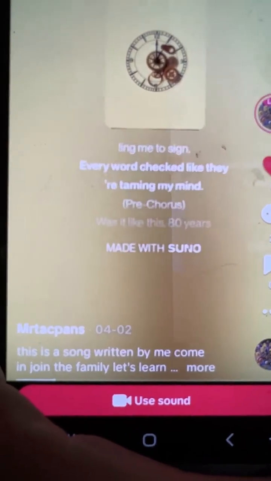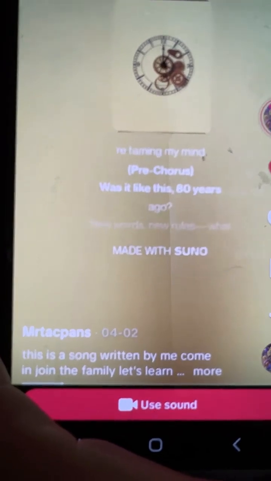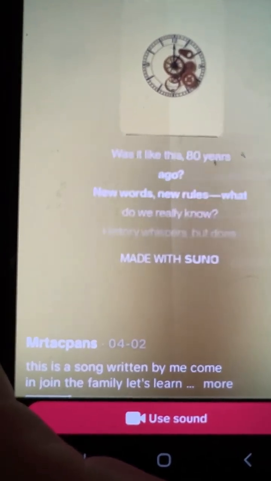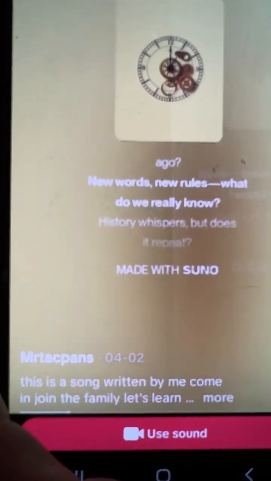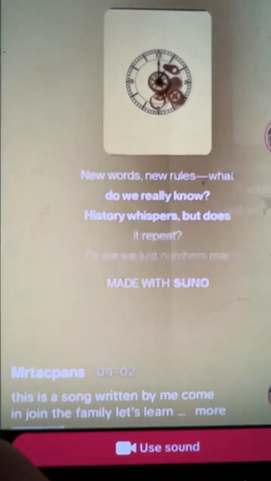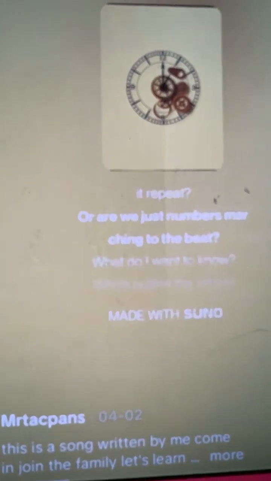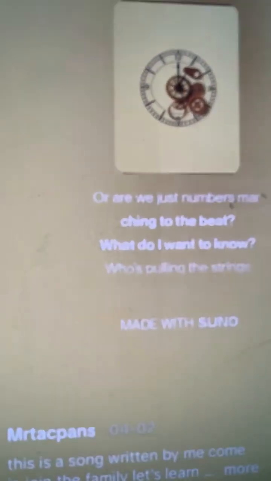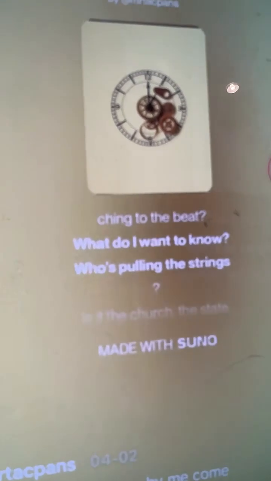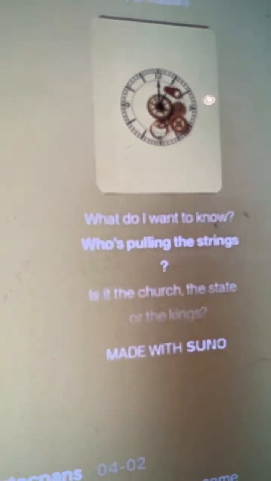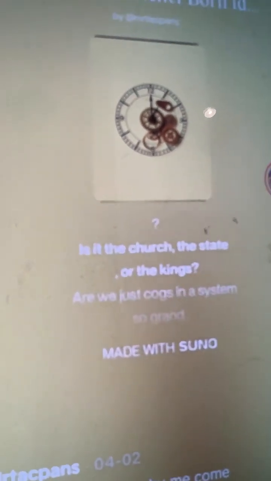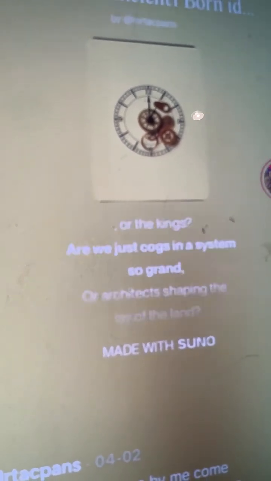Every word checked like the tame in my mind. Was it like this 80 years ago? New words, new rules, what do we really know? History whispers, but does it repeat? Or are we just numbers marching to the beat? What do I want to know? Who's pulling the strings? Is it the church, the state, or the kings? Are we just cogs in a system so grand?